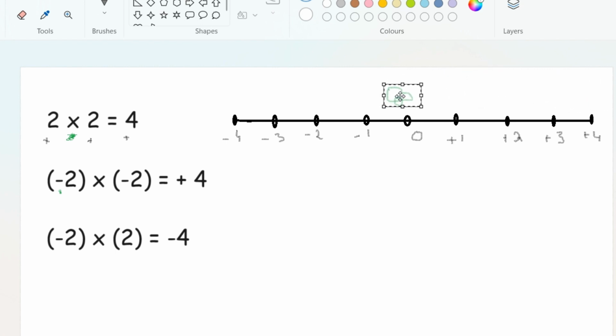Now second question, minus 2 into minus 2, plus 4. How come? Before that, let us discuss the third thing first, and then we'll come back to the second. So here, minus 2 and 2 times. If the car is supposed to go on the minus 2 side, it will just change its direction.